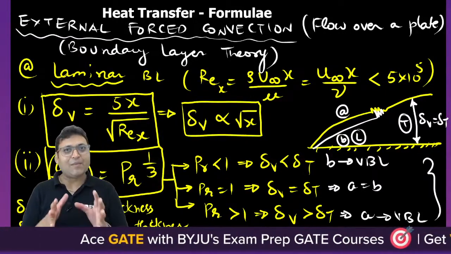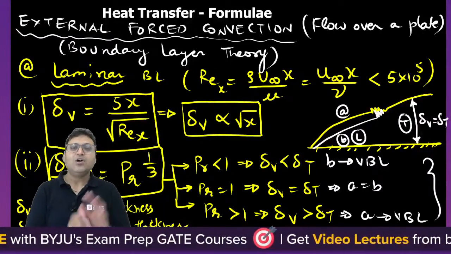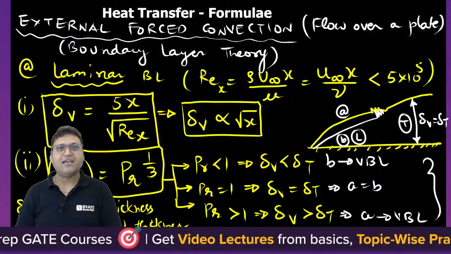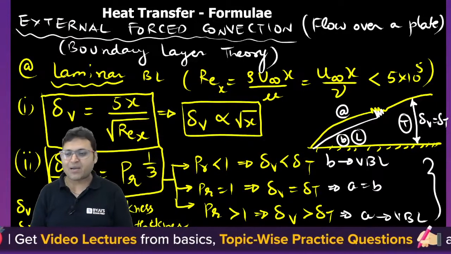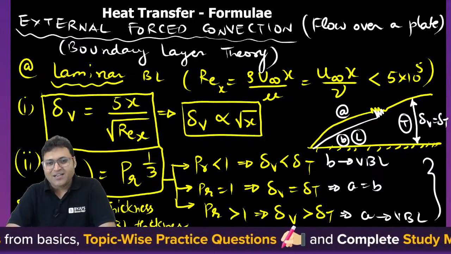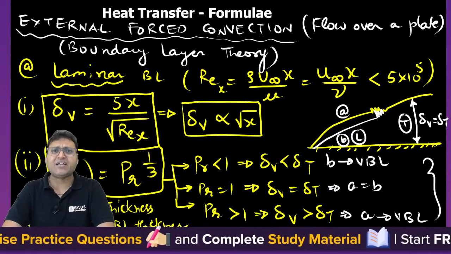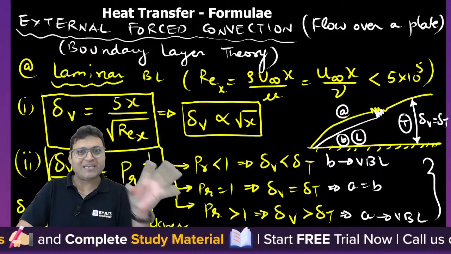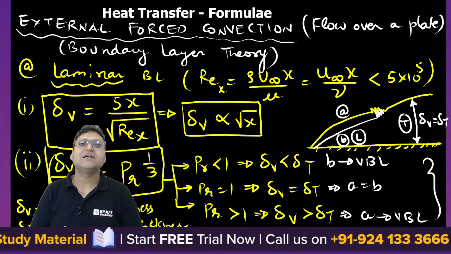So Prandtl number is significant only in case of laminar boundary layer to develop a relation between delta V and delta T. But in case of turbulent boundary layer, Prandtl number becomes insignificant. Do you understand it? The value of Prandtl number does not become 1, but Prandtl number does not decide the growth of velocity and thermal boundary layer when the flow becomes turbulent.